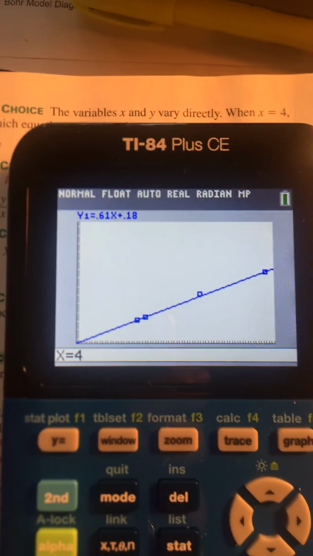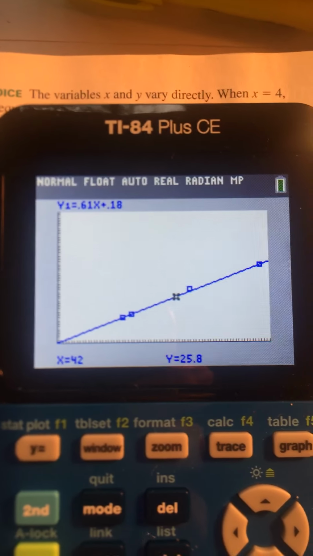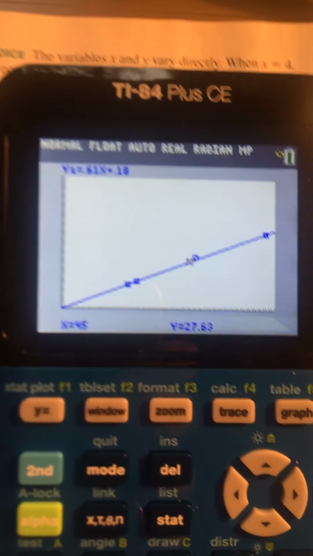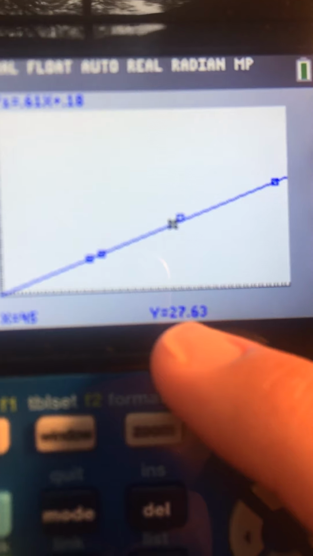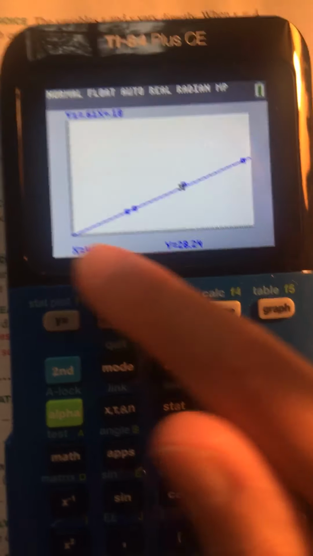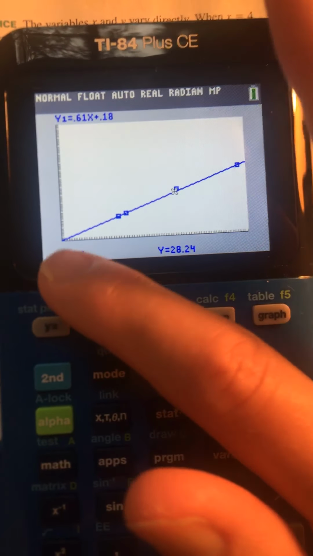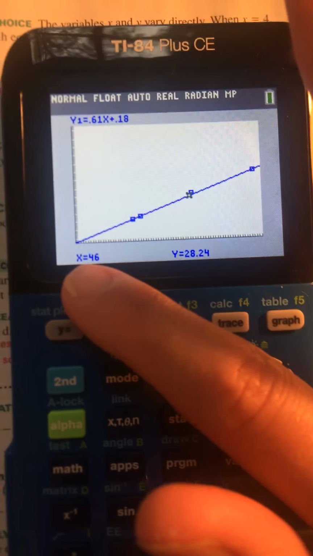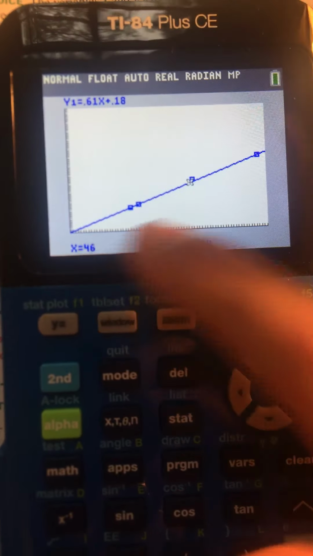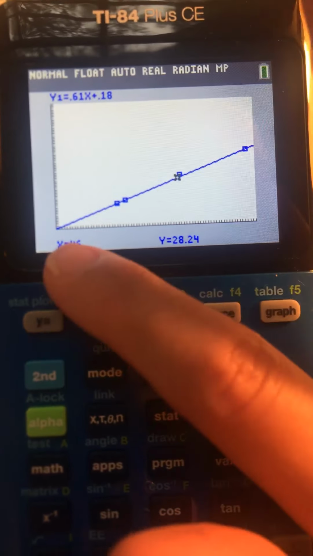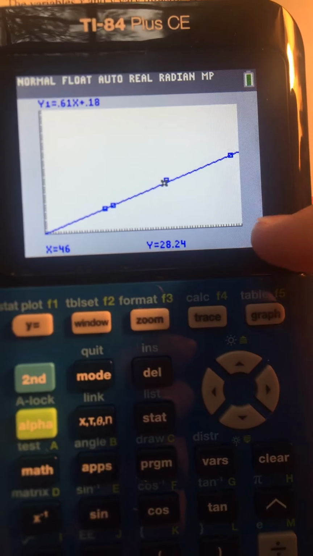We have to just sort of guess more. 42 is 25. We want 28. Let's try 45. Ta-da! That would round to 28. Let's try 46. That would also. So if you want what is Y when X is a certain thing, you can put it in. If you want to know what is X when Y is a certain thing, you have to kind of guess until you get it there.